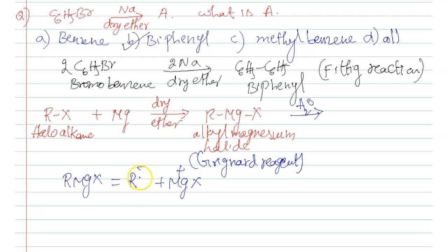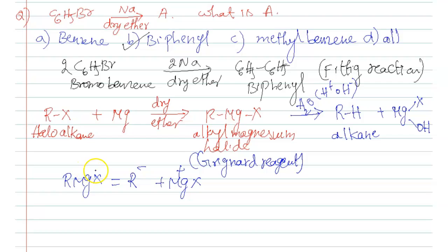R means carbon only, so R contains minus. In water H plus is there and OH minus is there. So H plus will combine with R minus, so we can get alkane. And then MgX combines with OH. So here we are getting alkane.